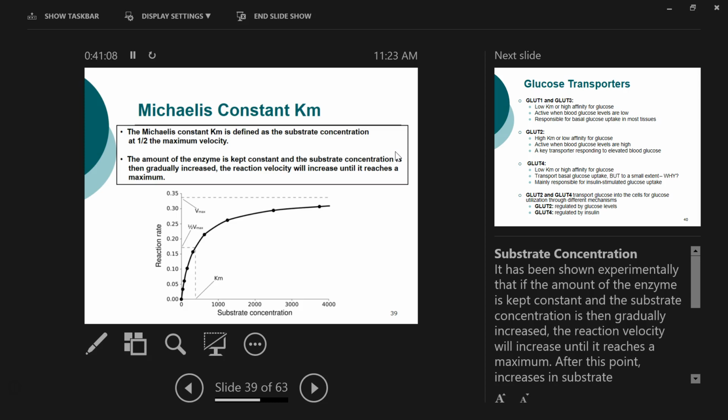So if the enzyme affinity for the substrate is high, then you will require less substrate to reach half maximum speed. Does that make sense, right? If the affinity of the enzyme for the substrate is low, that means you need more substrate in order to reach half of the maximum speed. Does that make sense, right? So that's why Km and affinity are opposite.